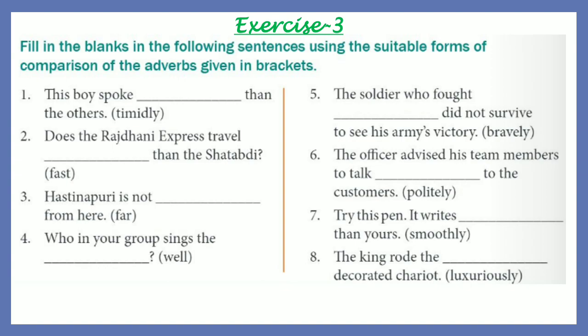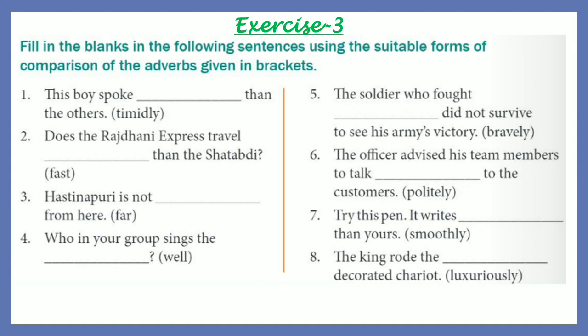Moving towards exercise 4. Fill in the blanks in the following sentences using the suitable form of comparison of the adverbs given in the brackets. Number 1. This girl spoke dash than the others. Timidly is the adverb given here. After the blank, than is used.